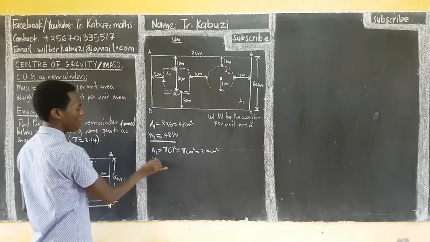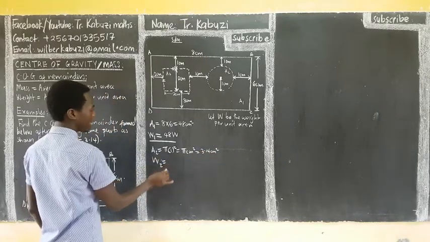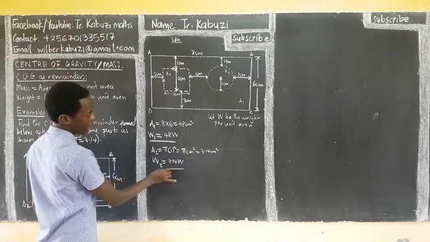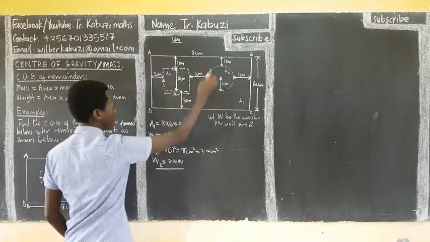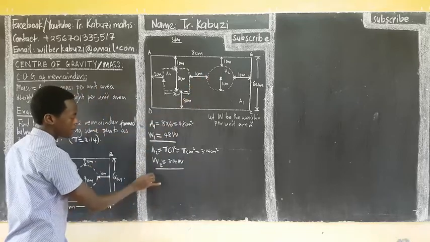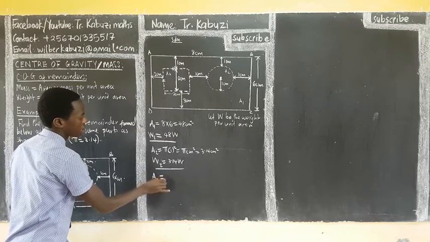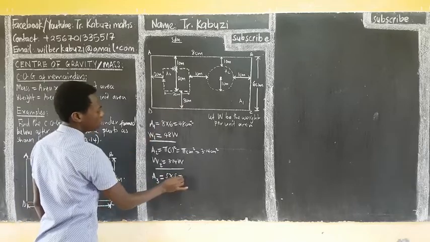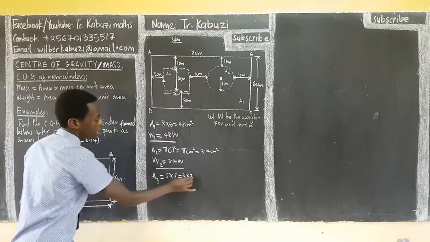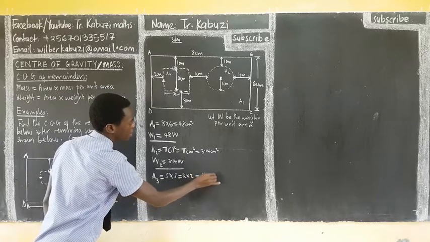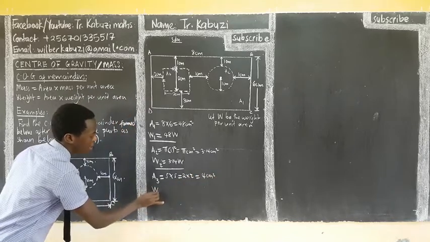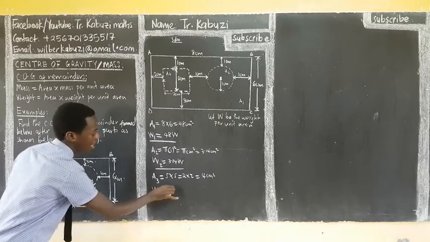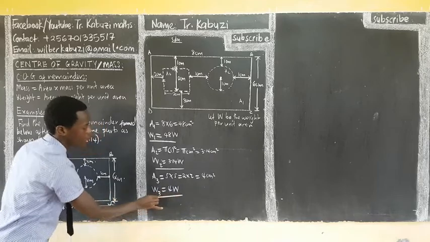So now my second weight is going to be 3.14 times W. When I come to the square, area 3 is going to be S times S, which is 2 times 2, giving me 4 centimeters squared. So for my weight 3, I get the area times the weight per unit area, which is W.